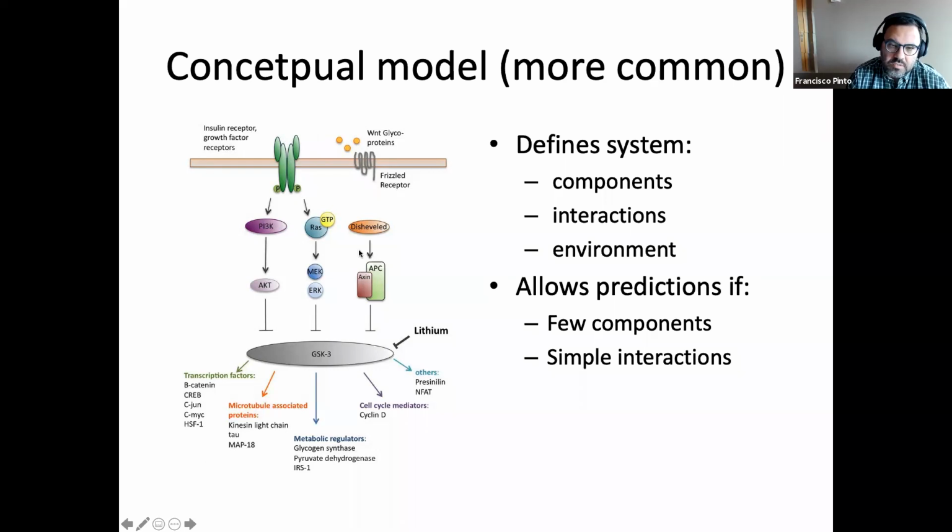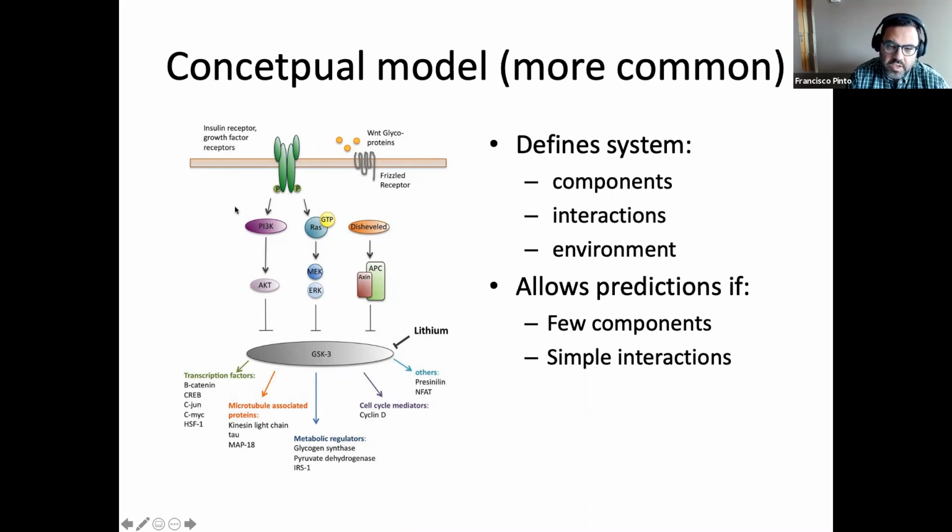So these conceptual models identify what are the components of the system, what are the interactions between those components, what are the external variables that may affect the system behavior, and eventually also what are the outputs of the system behavior. And then, even without any mathematics, you can do virtual experiments.